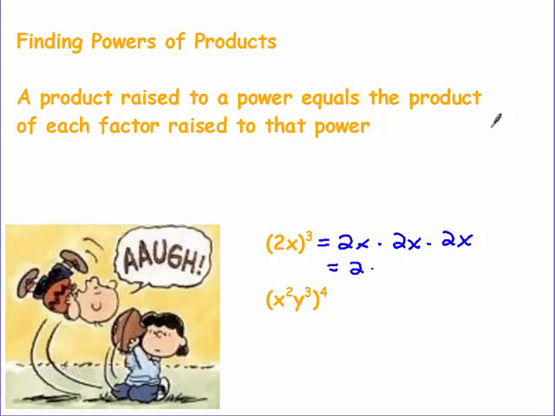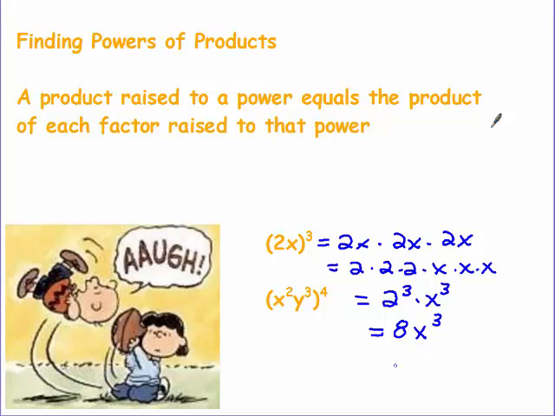So I could really write this as 2 times 2 times 2 times x times x times x. Well, isn't this really 2 cubed times x cubed? Or simplified, 8x cubed? I don't go through all these steps.